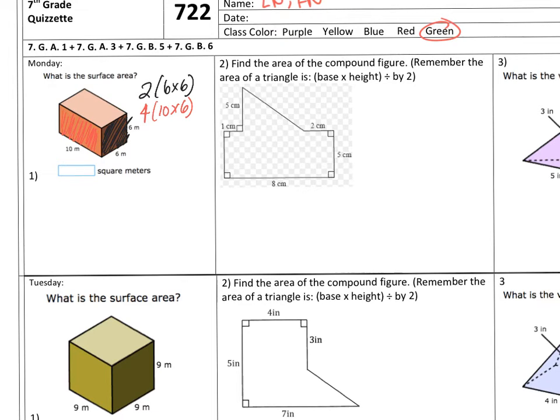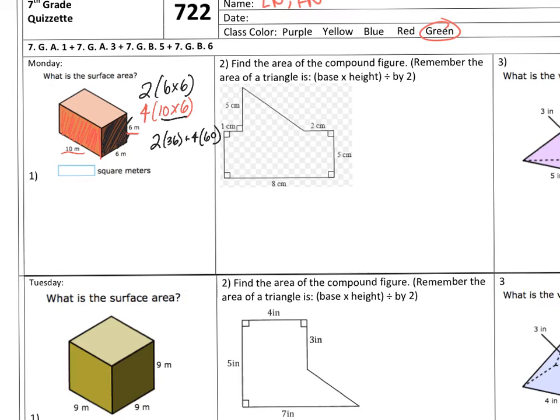The reason I know it's 10 by 6 is because they already tell us the height, which is over here. So now you can solve it. I have 2 sides that are 6 by 6. 6 times 6 is 36. So 2 times 36 plus 4 times 10 times 6, which is 60.